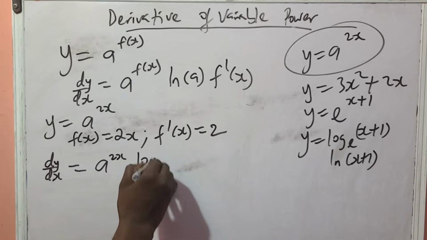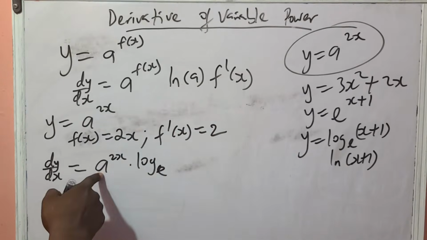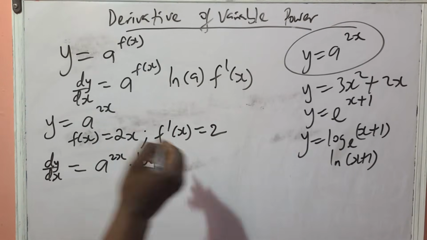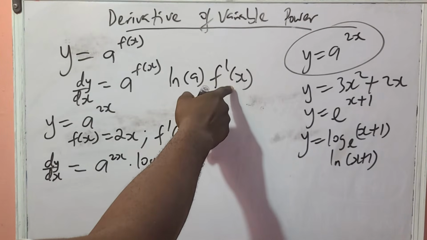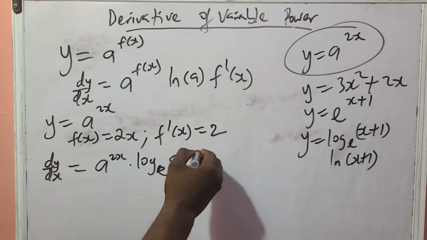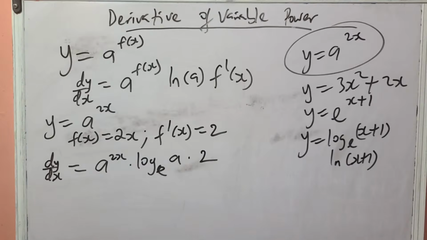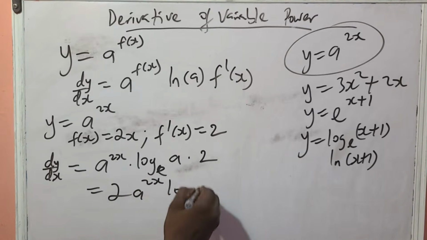You can use ln of the variable, that's log e a. Then I'll multiply that with the derivative of the f(x). In this case, the derivative is 2. So this means my final answer will obviously be 2 a raised to power 2x log e a.